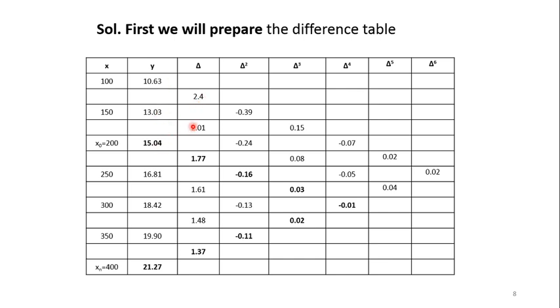Again you continue for this minus this, and this minus this gives you this, 1.48 minus this, then 1.37 minus this, and then for the third difference you can find the difference of this minus this, and then again you can continue as long as you do not get a single difference.